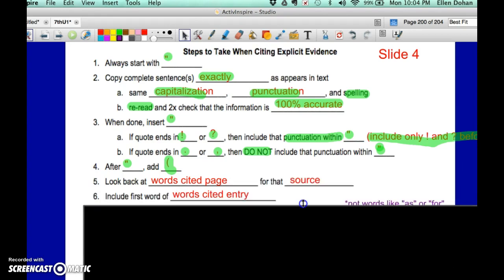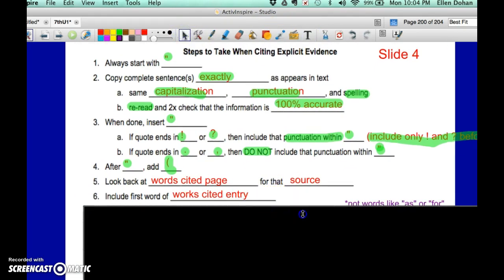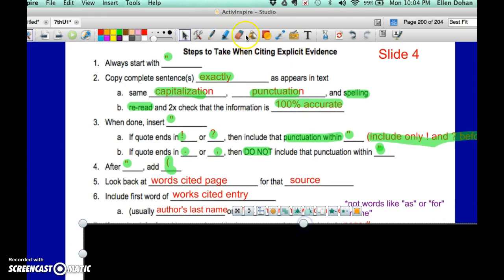We are going to include just the first word of the works cited entry. And what this will look like, it's usually the author's last name, or if the author's last name isn't given, the first important word in the title.